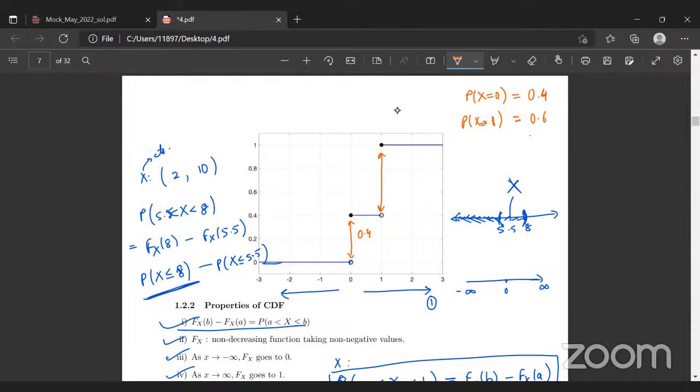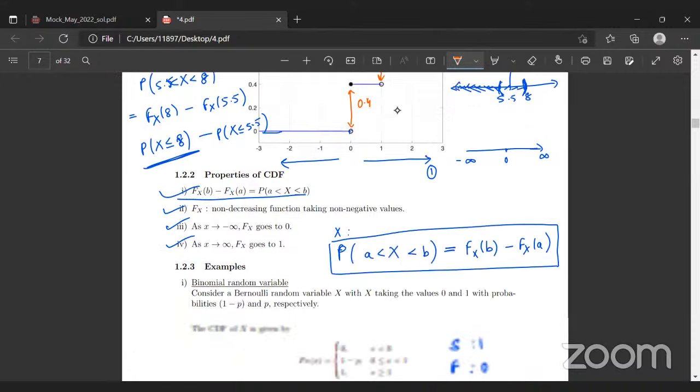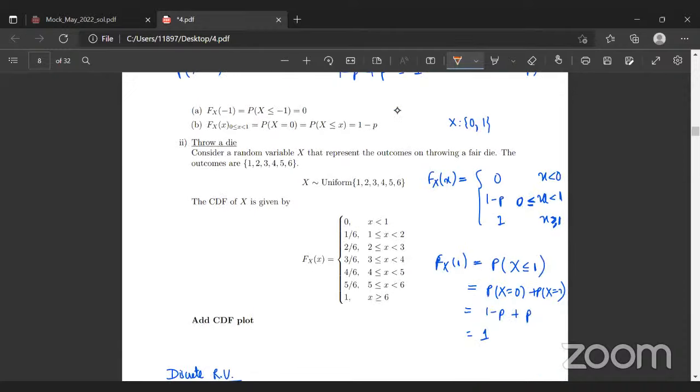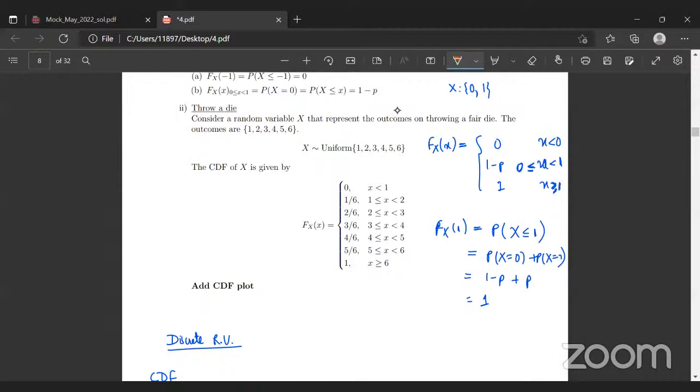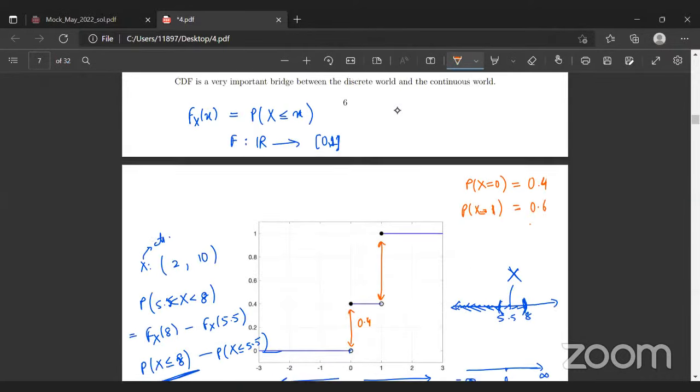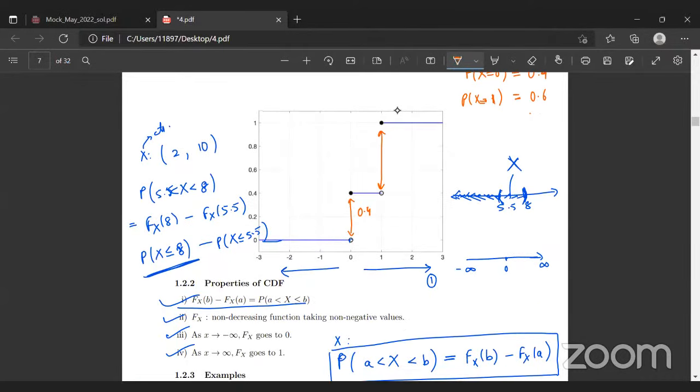So in case of a discrete random variable, if the CDF is given to us, we can find the PMF by looking at the graph, like how much the jump is there. The jump is the PMF, is it, ma'am? Yeah, how much the jump is, that becomes the PMF.